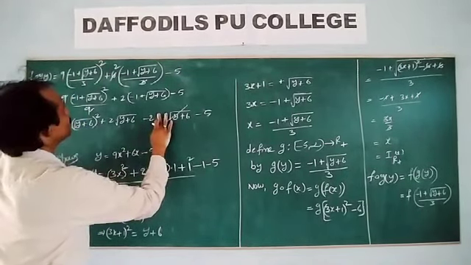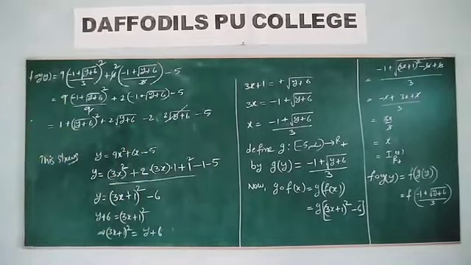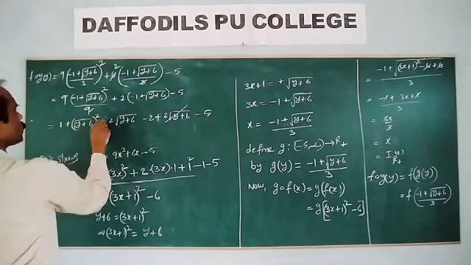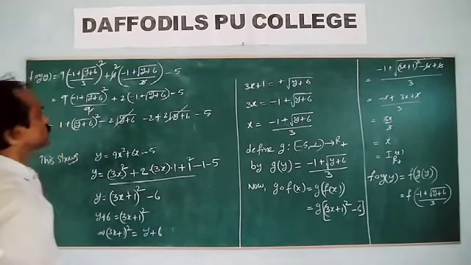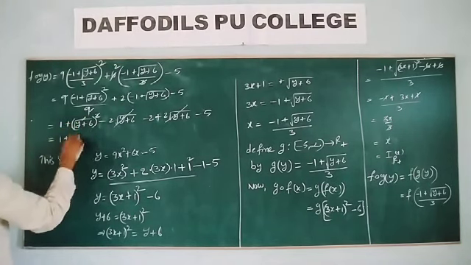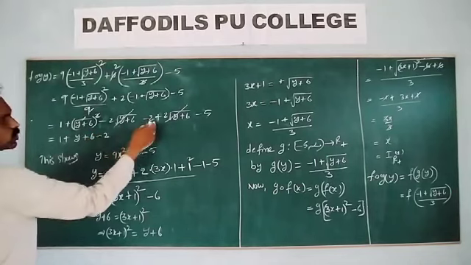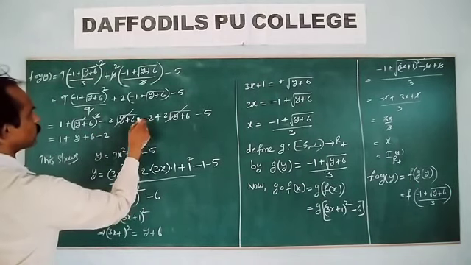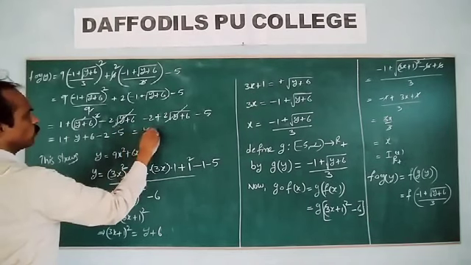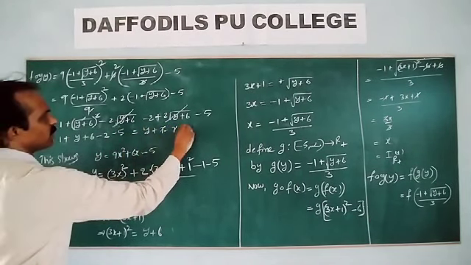Sorry, here it is plus, correct, and here minus: (A minus B) whole square. So this one cancels. Next, here 1 root cancels. y plus 6 minus 2. This one minus 2 does not cancel. Minus 2 minus 1, this is equal to y plus 7 minus 7, cancel.